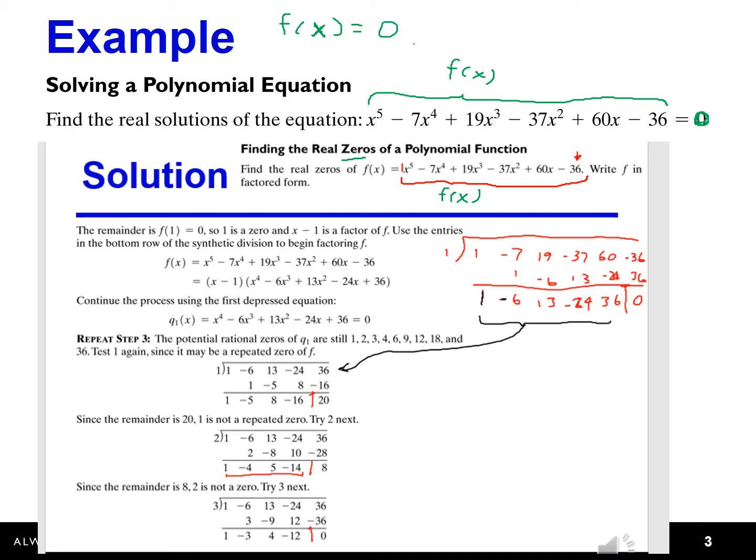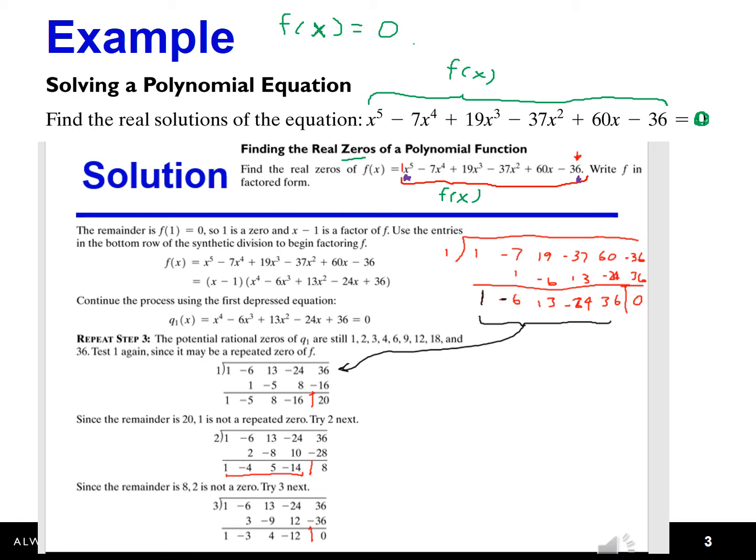What did we do? We used the Rational Zeros Theorem to get all the possible rational zeros of f of x by looking at the constant, looking at the lead coefficient, making all possible fractions of the type factor of the constant over factor of the lead coefficient.